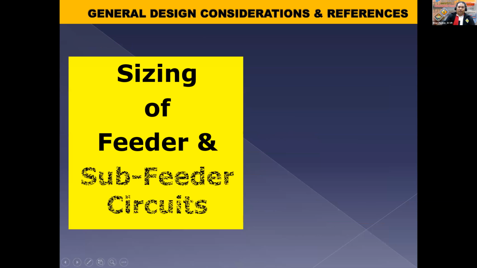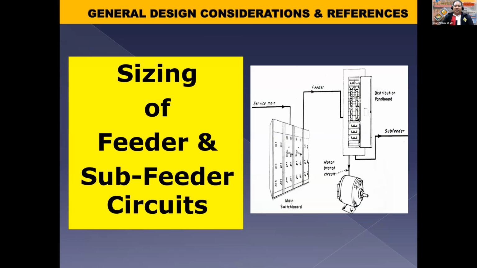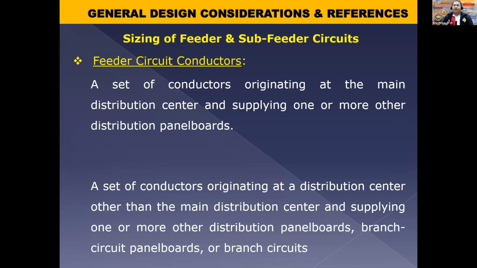So that's for branch circuit, no? And now for feeder and sub-feeder circuits, again, para madali tayo, the same treatment pa rin, but the difference between feeder and branch circuit is the feeder circuit is now a combination of those branch circuit loads. I-total mo lang yung mga amperes nila, no? Yun ang difference nito. And then the application of demand factors, no?